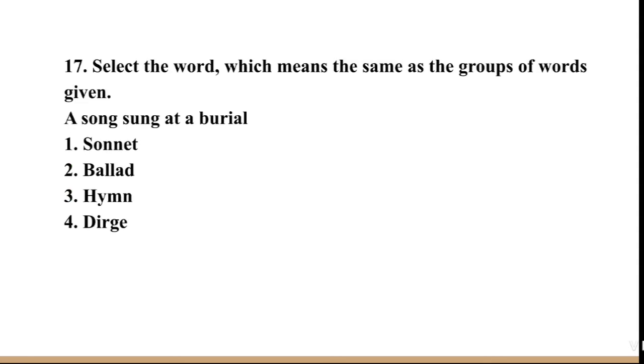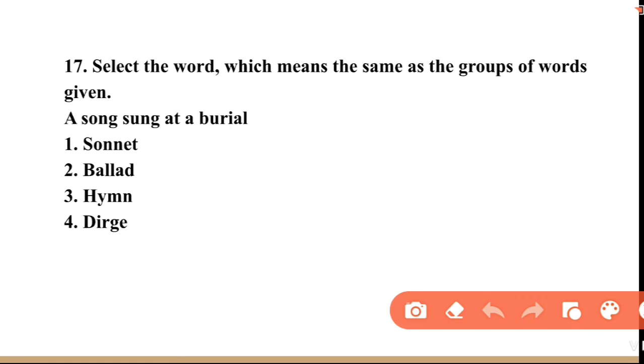Okay, question number 17. Select the word which means the same as the group of words. So one word substitution basically. A song sung at a burial. Okay, it is not sonnet. Obviously sonnet is a poem. Ballad is a song.